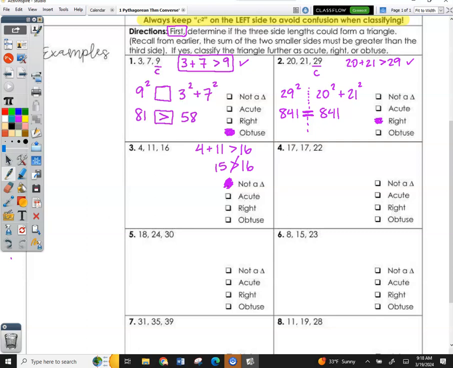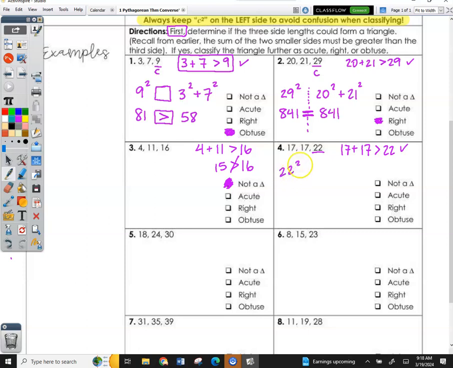All right, number 4. You got 17. This is the long one. 17 plus 17 is definitely going to be bigger than 22. I don't even need to actually add that up. You're just verifying that you can proceed.